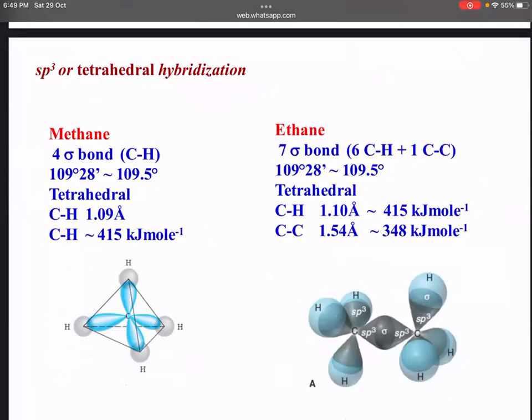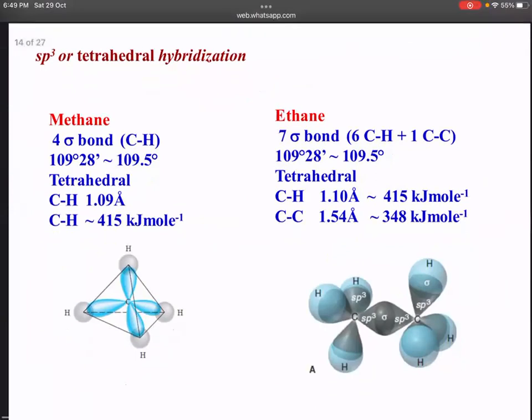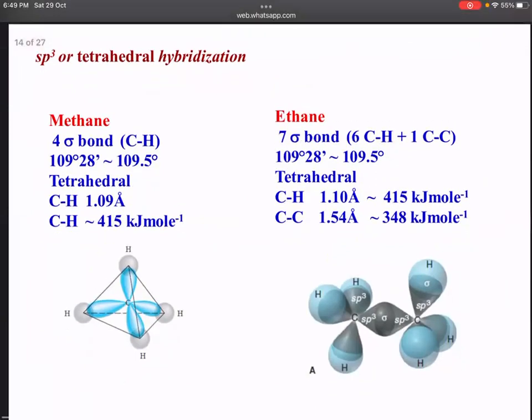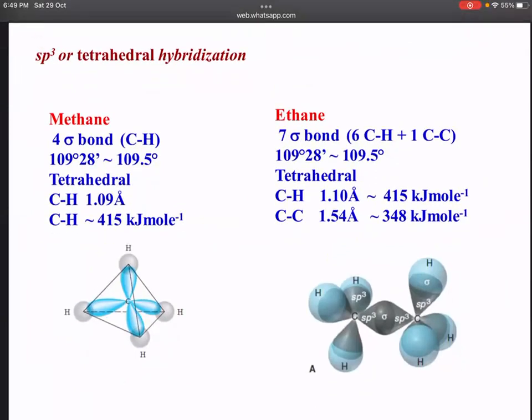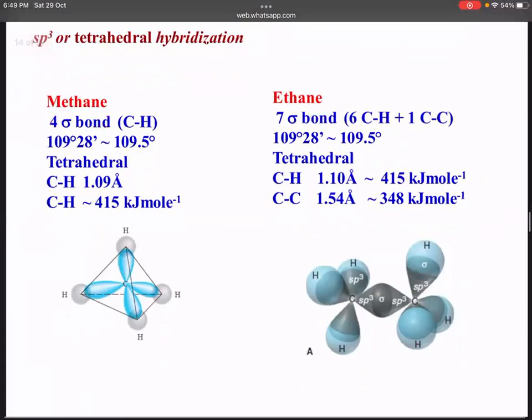So when you have the ethane molecule, there are 7 sigma bonds, 6 carbon-hydrogen and 1 carbon-carbon. The bond angle will not change. Tetrahedral: one tetrahedron and another tetrahedron joined. So this tetrahedron is joined with another tetrahedron. Okay, and then you go to the trigonal hybridization.